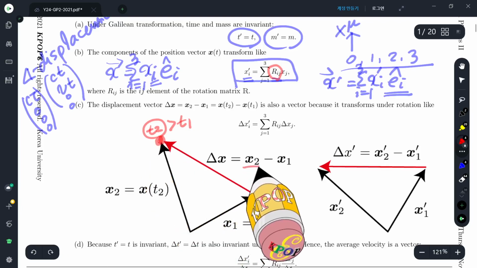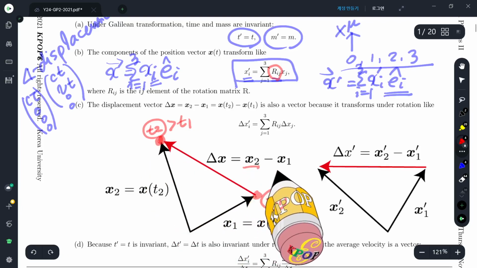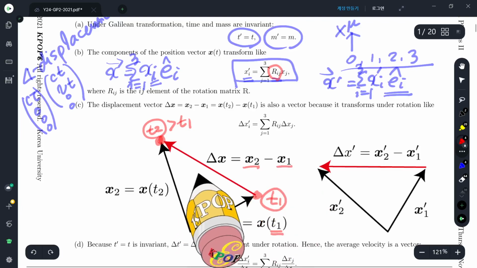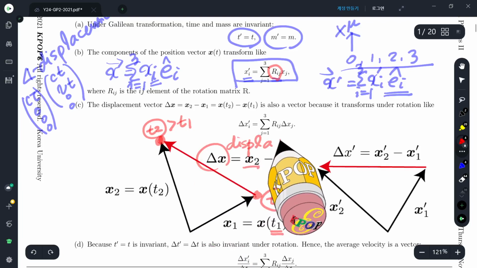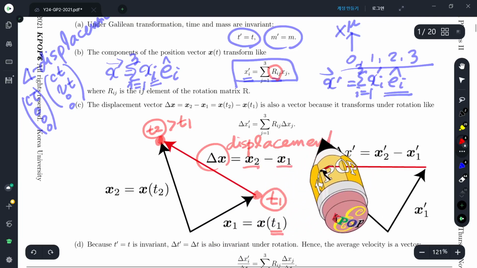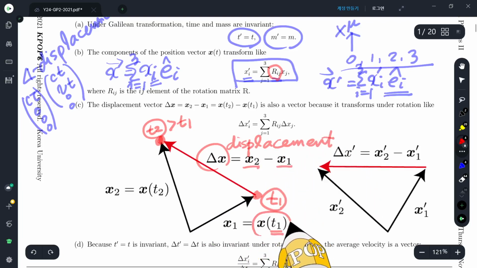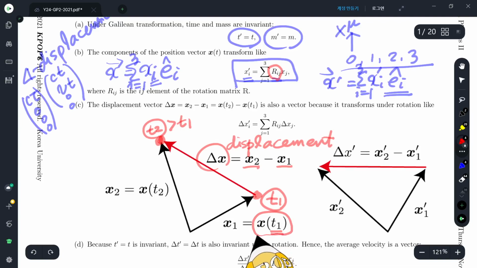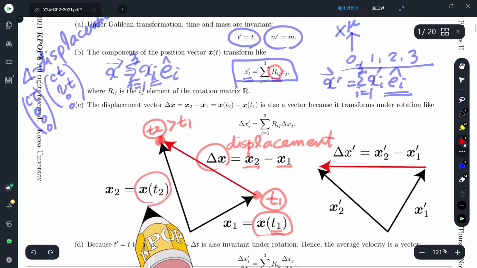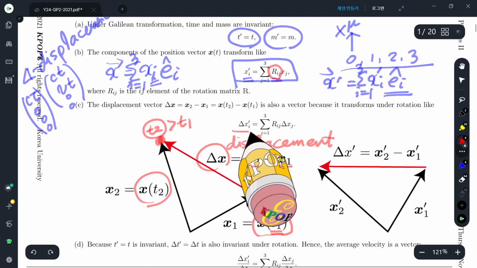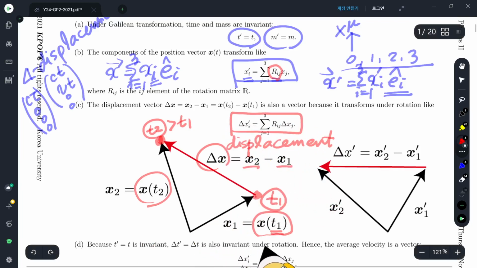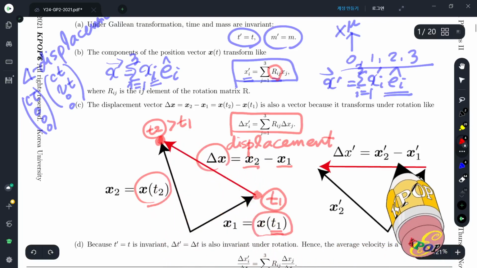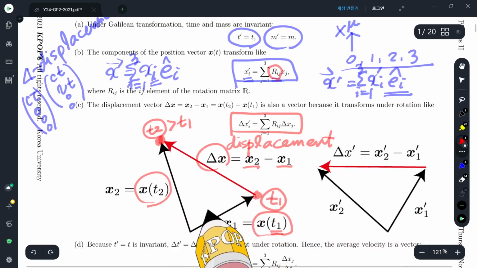The final position vector subtracted by the initial position vector is the displacement. Because every component of the initial vector and every component of the final vector both satisfy the same transformation rule on the rotation, you can see these triangles are congruent.